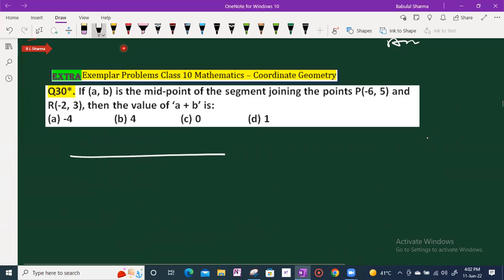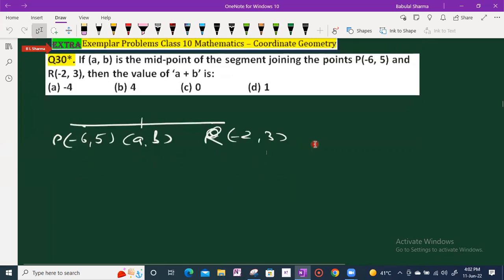This is line. (a, b) is the midpoint, and that P coordinates are minus 6, 5, and R coordinates are minus 2, 3. Question को फिर से read करेंगे. If (a, b) is the midpoint of the line segment joining point P with coordinates minus 6, 5 and point R with coordinates minus 2, 3, then the value of a plus b.